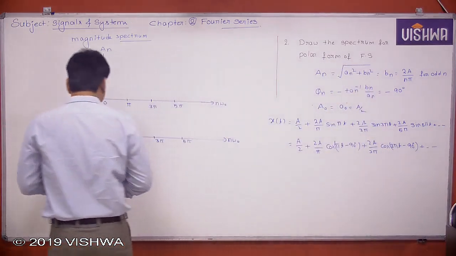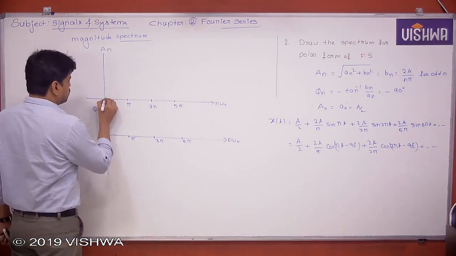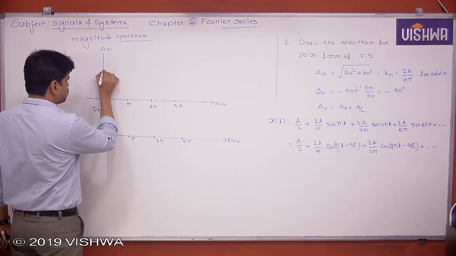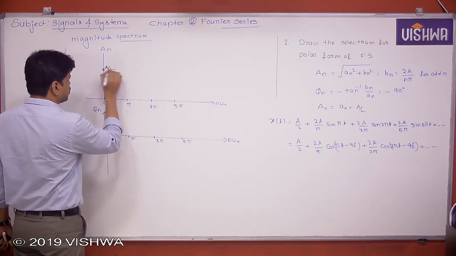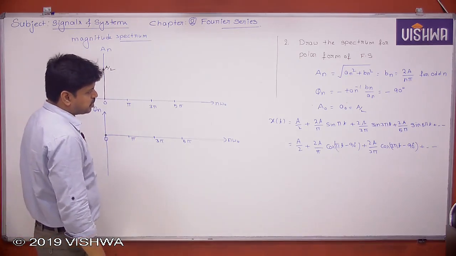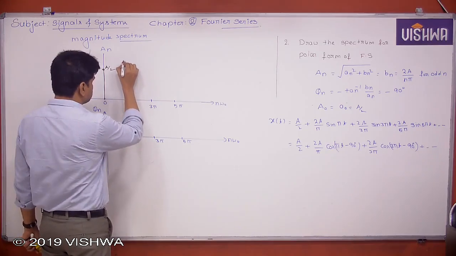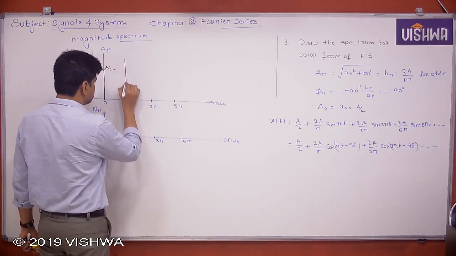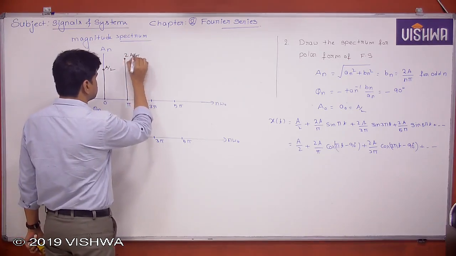Let's see how we can draw that. At 0 we are having a by 2 magnitude, phase 0. At pi we are having magnitude 2a by pi, which is greater than a by 2.